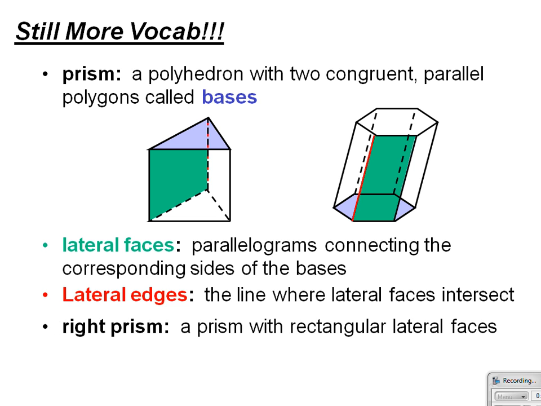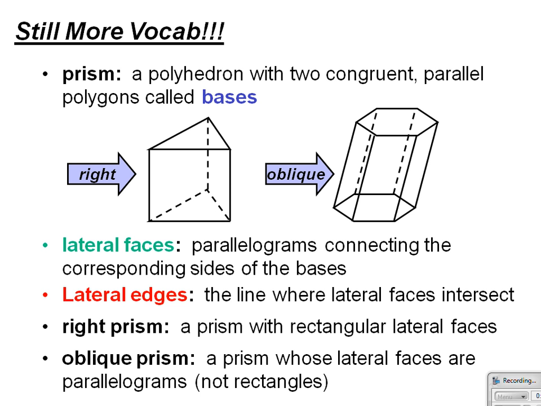And there are also different types of prisms based on their orientation. For example, the prism here on the left is a right prism because the two bases are perfectly, not only are they parallel to each other, but they also form right angles with the lateral edges. As opposed to here in this oblique prism, where the lateral faces are parallelograms, not rectangles.